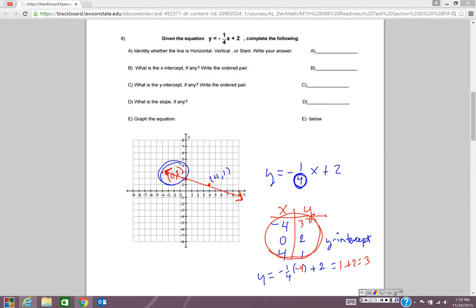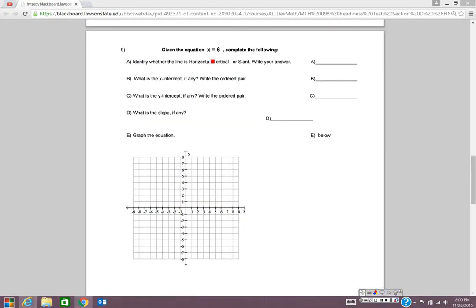Alright, let's go to the next problem. So the next problem is a special line. As I mentioned before, we have x equals a constant. So when you have a situation like this, it is a line, but it's a special line. Here's how you would graph that.